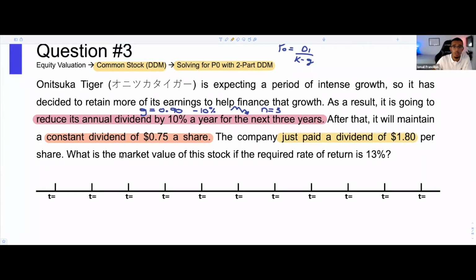Now we're asking you, what is the market value of the stock? In other words, what's the present value of the stock if the required rate of return is 13%? If your K is 13%.